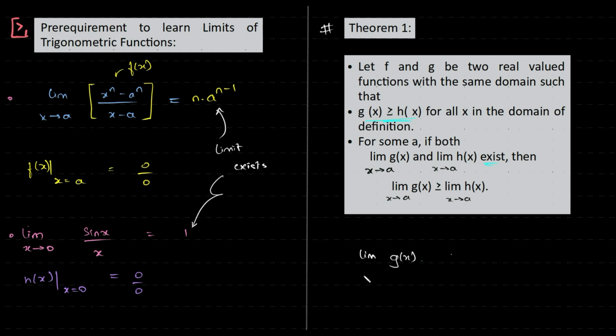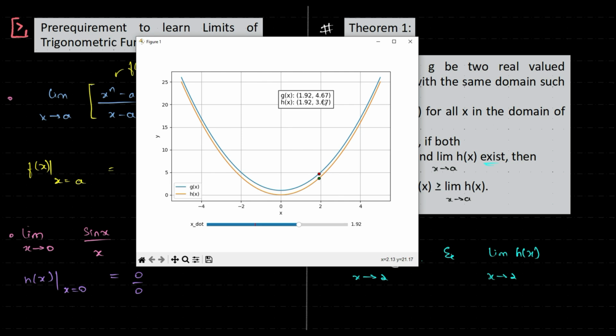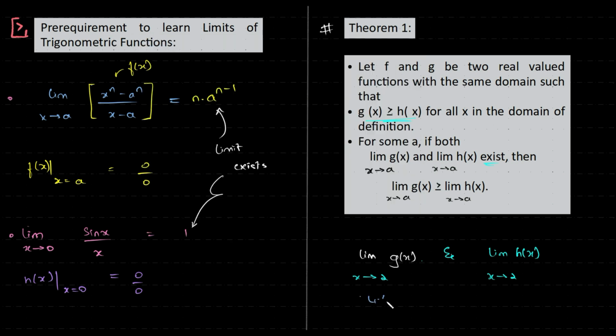In this case, as x tends to 2, we have this value to be 4.67 and this to be 3.67. So we can see that these two have a similar relationship. Whatever relationship the functions have, a similar relationship will also be established between the limits. Commonsensical stuff, right? Okay, next.